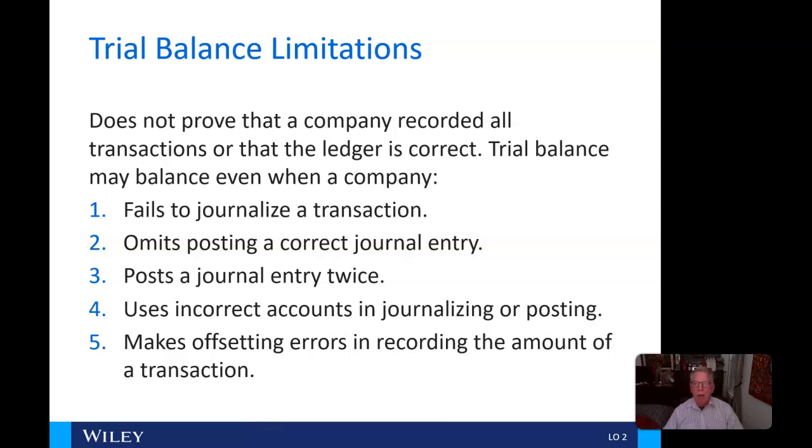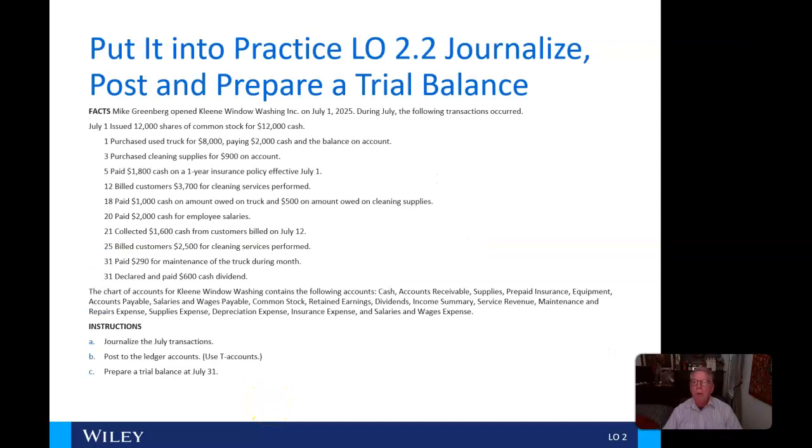So the trial balance may balance even when we don't record a transaction, when we omit posting a correct journal entry, we post a journal twice, we use incorrect accounts, the most common, and we might make offsetting errors in recording the amount of that transaction. So here are an example of all that.